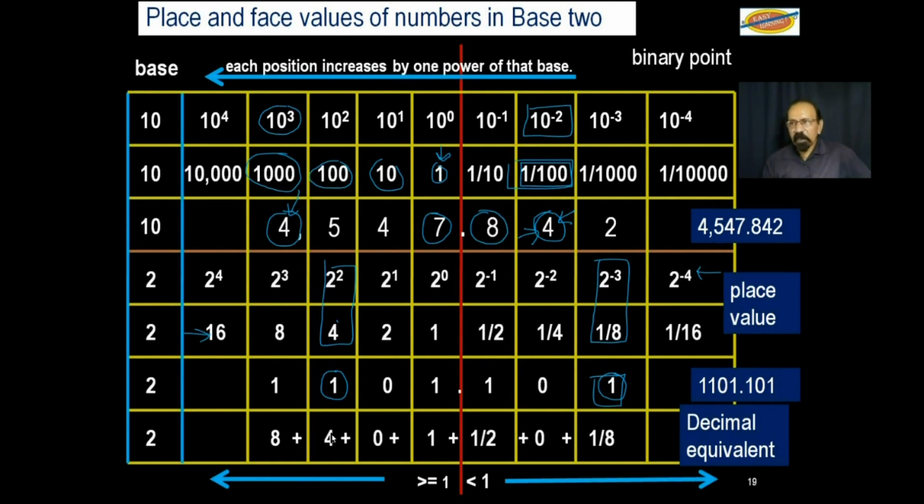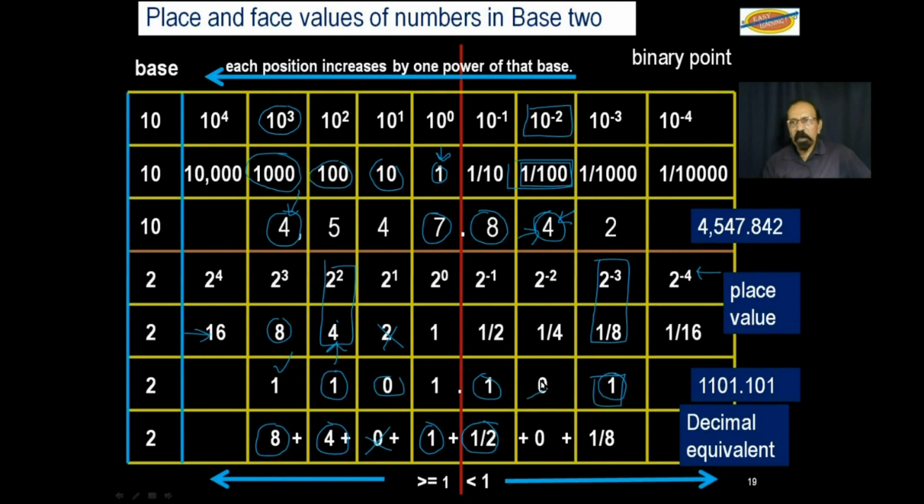So if we look at this number, if we want to carry it to base 10, it will be 8, because we have 1 in the 8th position, plus 4, we have 1 in the 4th position, nothing in the 2nd position, so nothing there. We have 1 in the 1's position, so that's plus 1. We have 1 in the half position, so plus half.